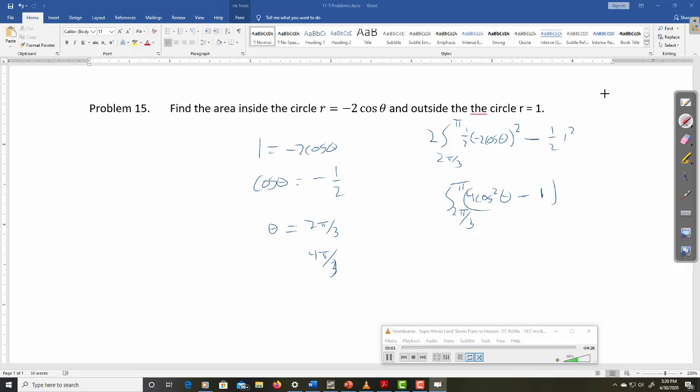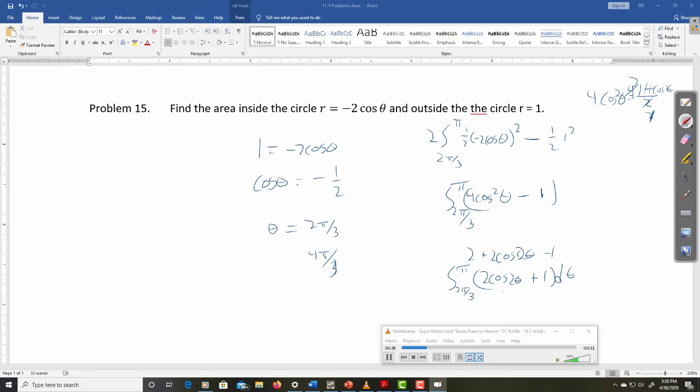And again, we can do cosine squared theta is 1 plus cosine 2 theta over 2. So that'll reduce with the 4, and I can multiply by 2. So it'll have 2 plus 2 cosine 2 theta minus 1, which is just 2 cosine 2 theta plus 1, integrated from 2 pi over 3 to pi d theta.